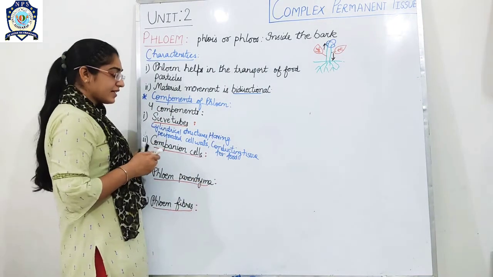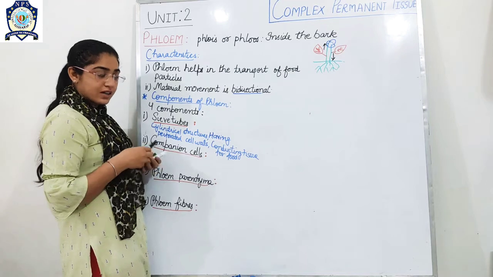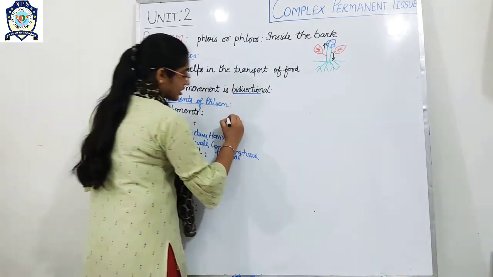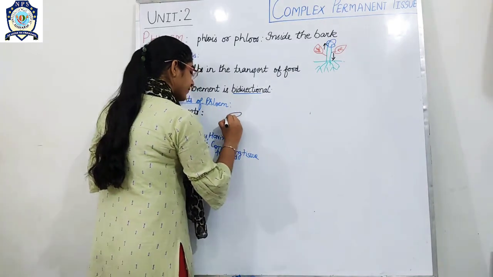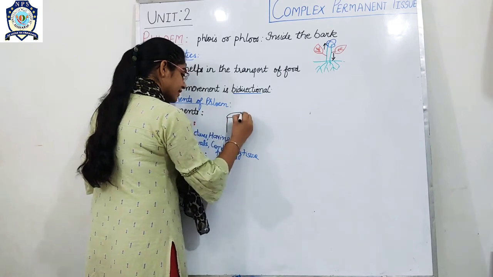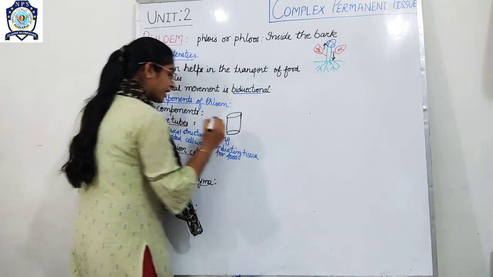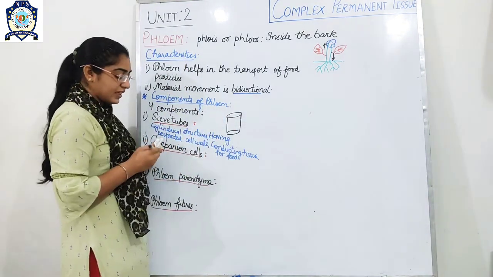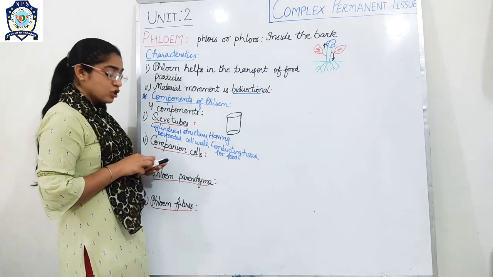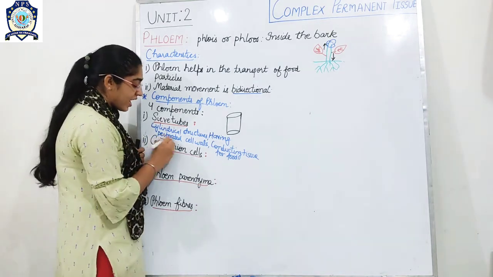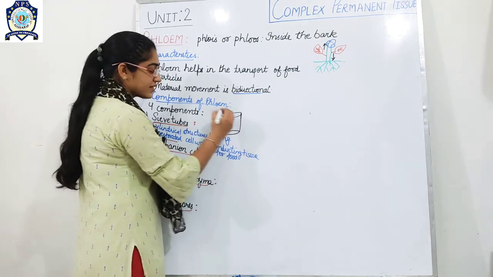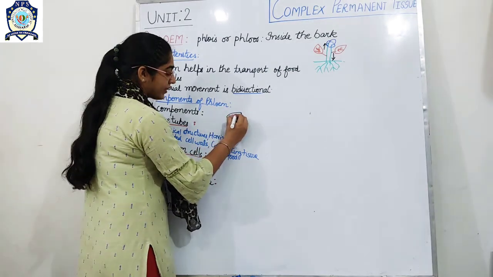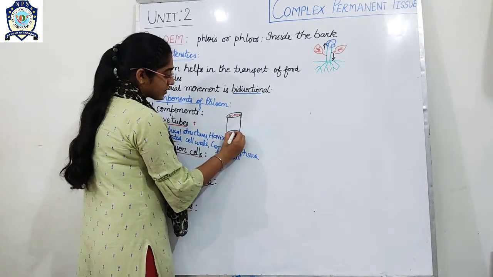As I am saying, sieve tubes are cylindrical structures, and their end walls are perforated. Perforated means having pores. So these are the cell walls, and they bear pores in this way.